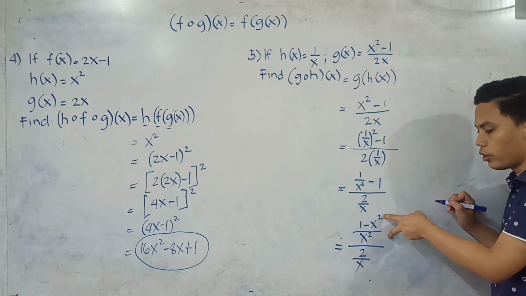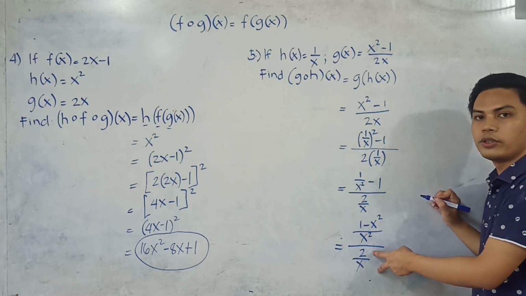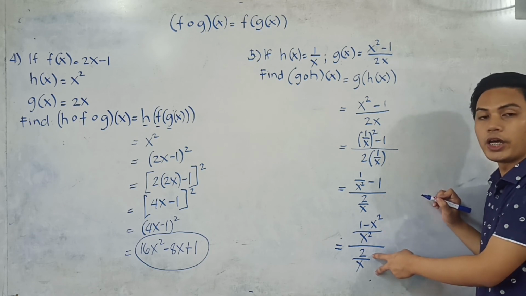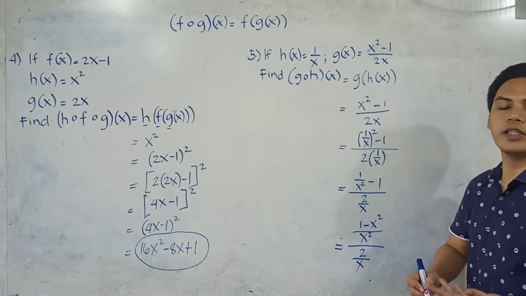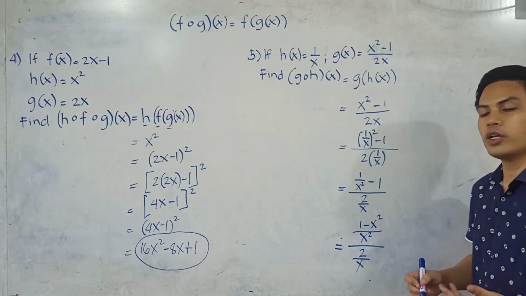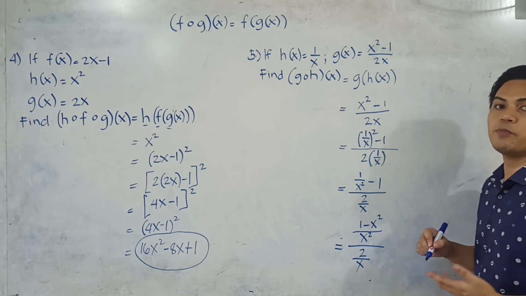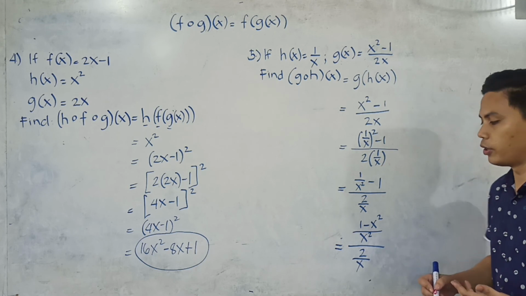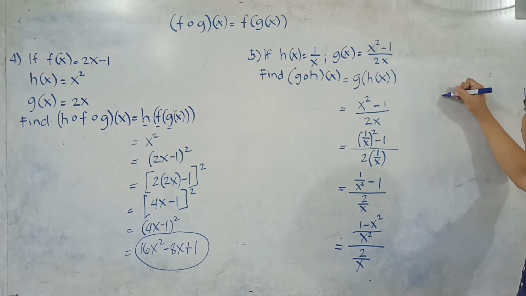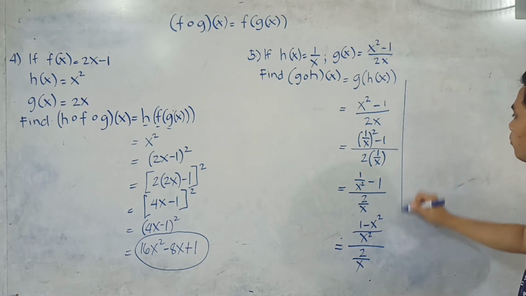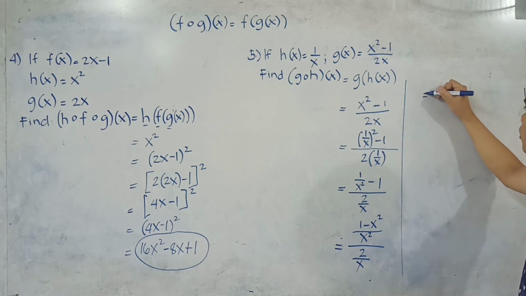Okay, this is fraction over a fraction. Or fraction divided by another fraction. So yung rule natin, if we're going to divide fractions, we are going to get the reciprocal of the denominator, then proceed to multiplication. So dito ko na lang ilalagay. Lagyan natin ng bar para hindi tayo malito. So this is equal.